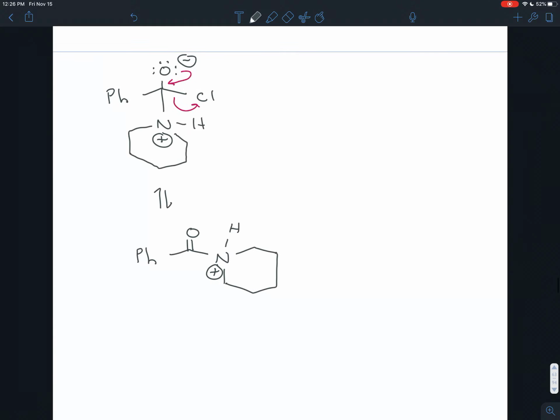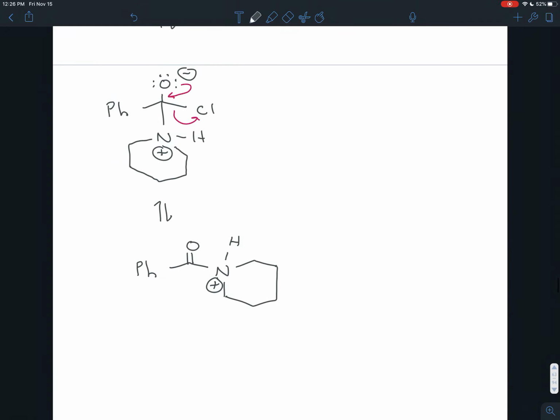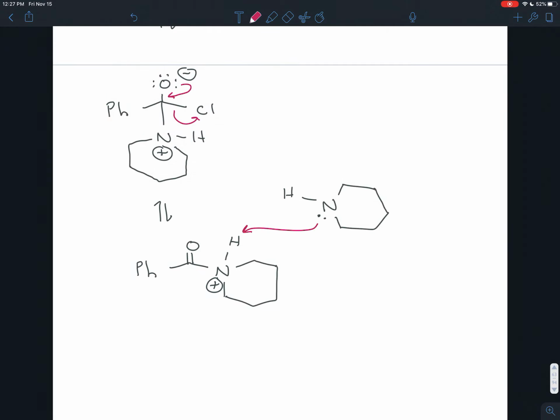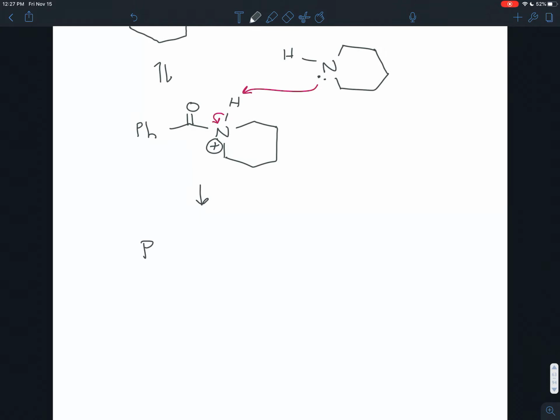It still has the 4 bonds and the full positive charge, and so that's why you're using 2 equivalents here. These 2 equivalents you're using because another one of these amines comes by, and it has the lone pair there that can act as a base. Steals the hydrogen, electrons snap back, so you're ultimately left with your final product.